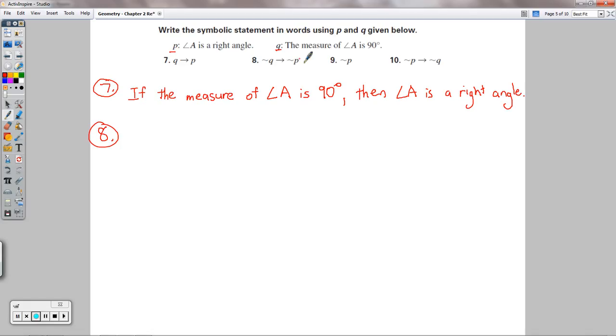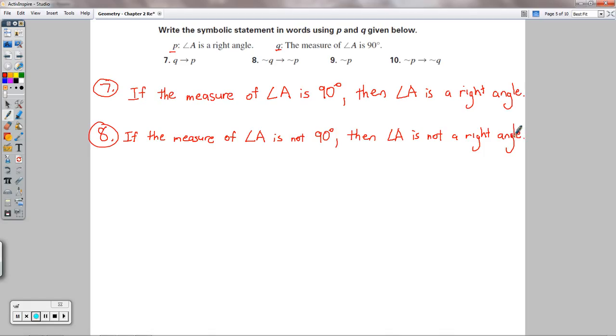Okay, so not Q implies not P. What would that look like? I'm going to start off with the negation of Q. So if the measure of angle A is not 90 degrees, then angle A is not a right angle.